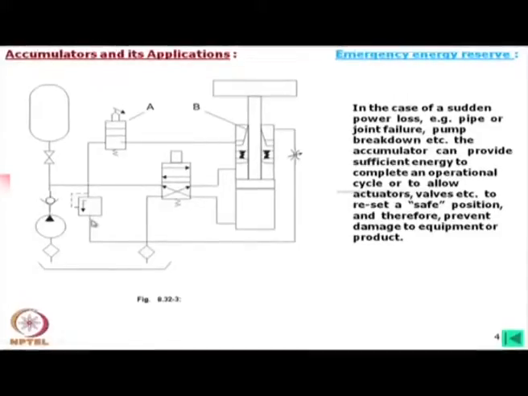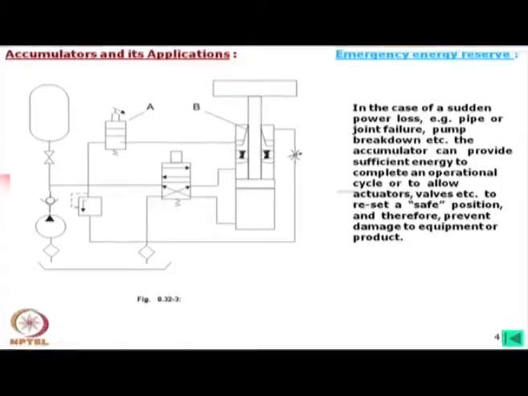And then in the return line, say this is the head side return line, it can go to the tank again through this junction point, or else the oil coming over here can flow through this flow control valve, and it also can go to the tank.